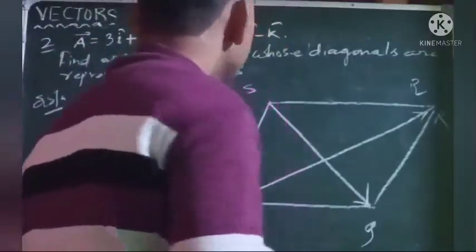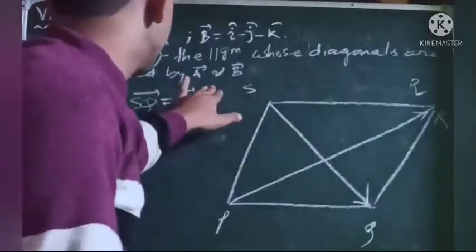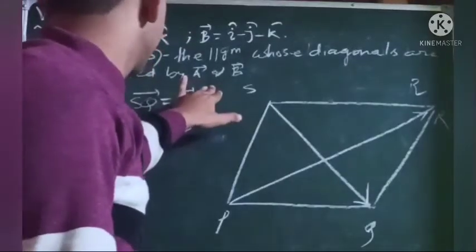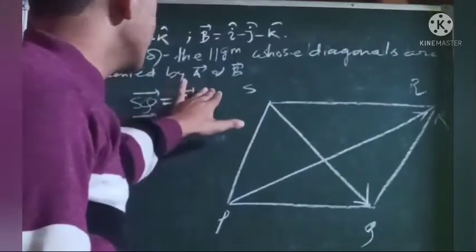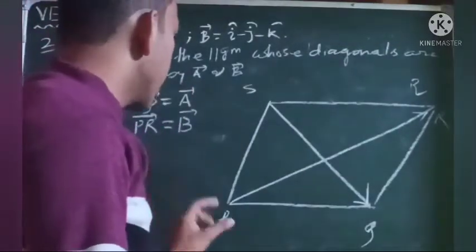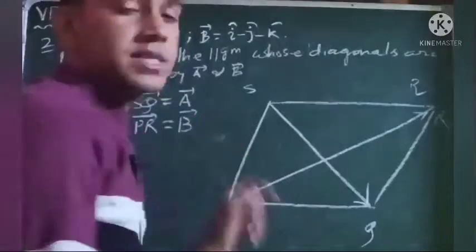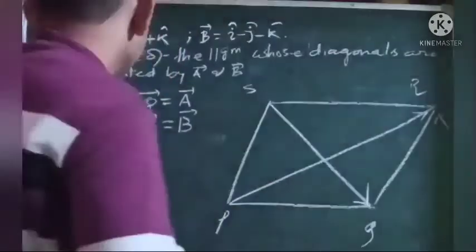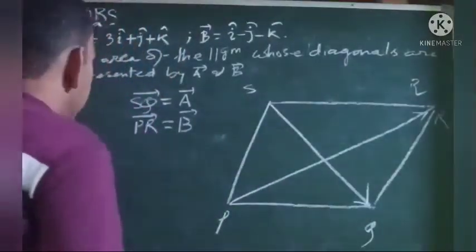Then we know the direct formula of finding the area of the parallelogram. If we know the adjacent sides, therefore using these given conditions we have to find PQ vector and PS vector, then we can calculate easily the area vector of the parallelogram.